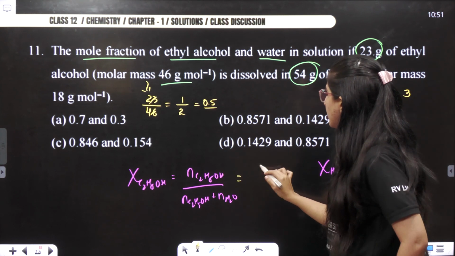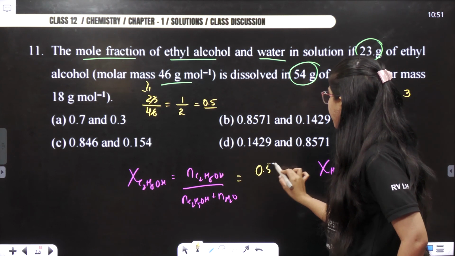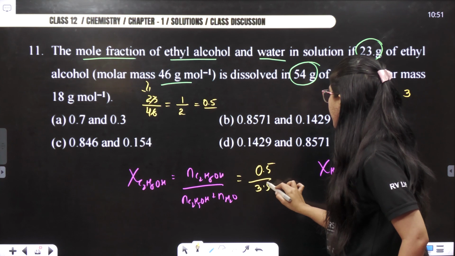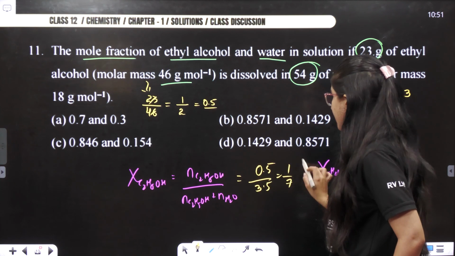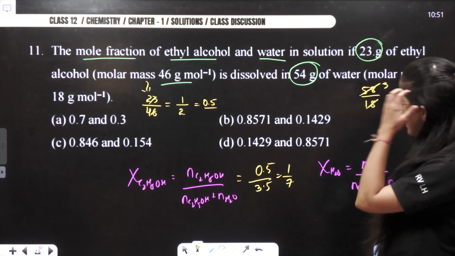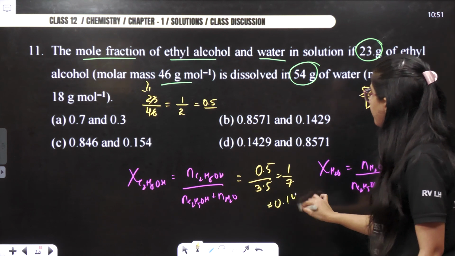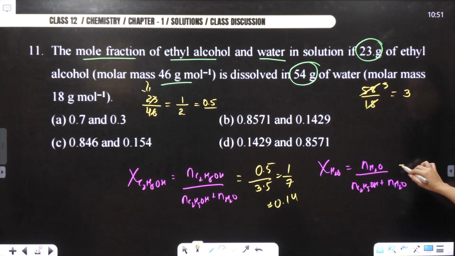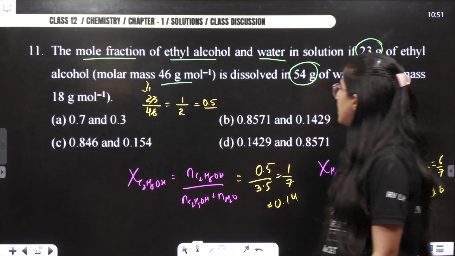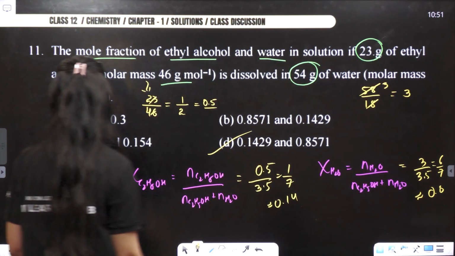It will be 0.5 divided by 3.5, which will be equal to 1 divided by 7, and 1 divided by 7 is approximately equal to 0.14. And for water, this will be equal to 3 divided by 3.5, which will give you 6 divided by 7, and it will be approximately equal to 0.86. So the correct option will be option number D.